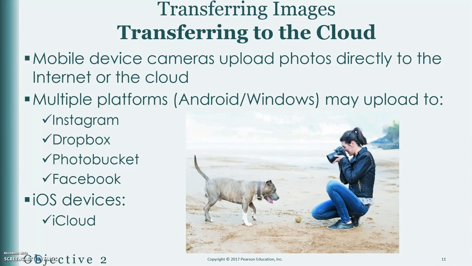So if you have an iPad and you have an iPhone and maybe you have a MacBook, hey, you can set it up to sync among all your devices so your pictures will be available no matter what device you're on. Okay. You can email, message, tweet photos. You can do pretty much whatever you want to do with the photos that are on your mobile devices.